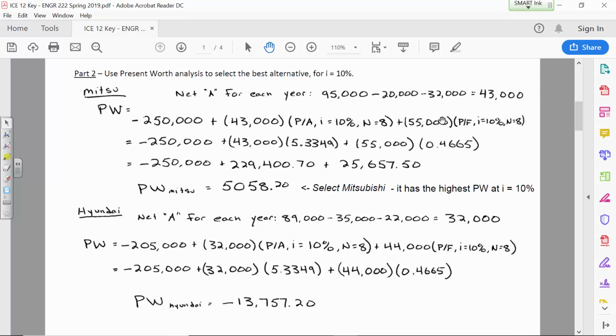But then the single amount, that future salvage value, you don't use a P/A on that. Since it's a single amount, you do a P/F. So in the end, there will be three components of the present value for each alternative. There will be the initial cost, there will be the net revenue, and then there will be the present value of the salvage. And you can see that I've indicated which option should be selected.